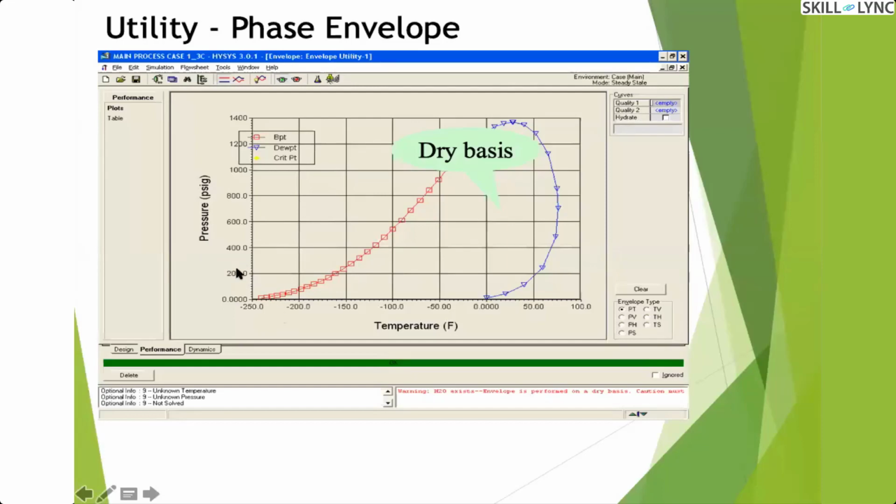If you specify 200 psig and give vapor fraction as 0, then the simulation will predict, for 200, in the range of minus 170 degrees F as the boiling point. So that is what this envelope is going to be used for.